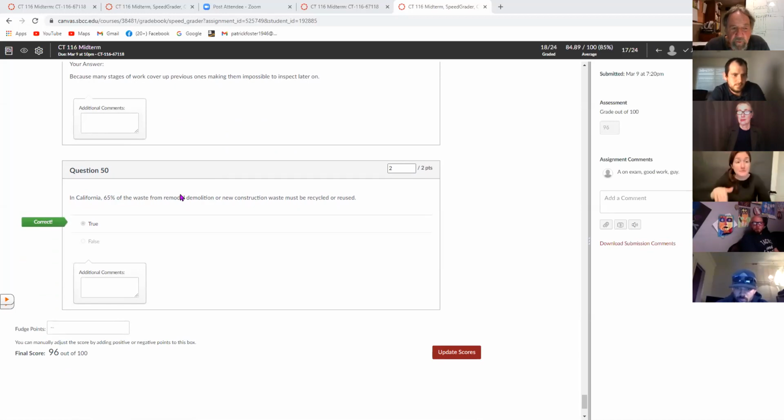That's almost 2/3 of the waste from demolishing or new construction, whatever is waste material, has to be recycled or reused, and you have to document it. And the person in the building department has to approve that documentation. I have a feeling it's pretty lax these days because we don't have a lot of places to take stuff.